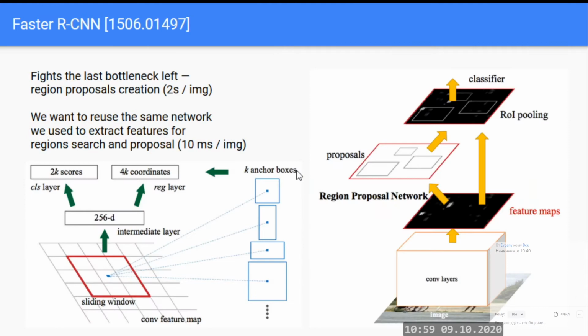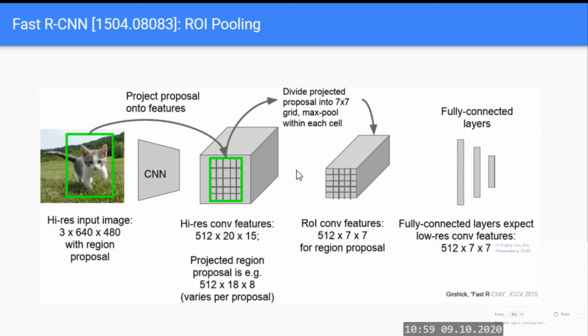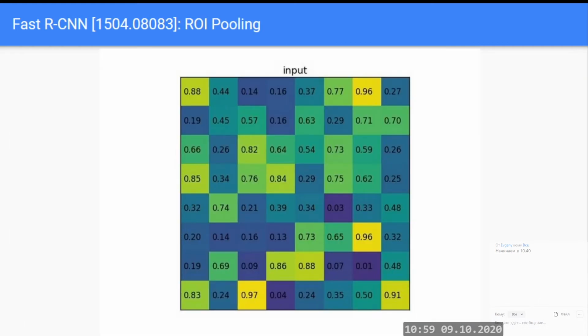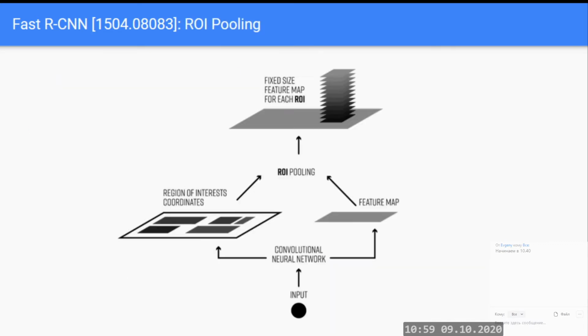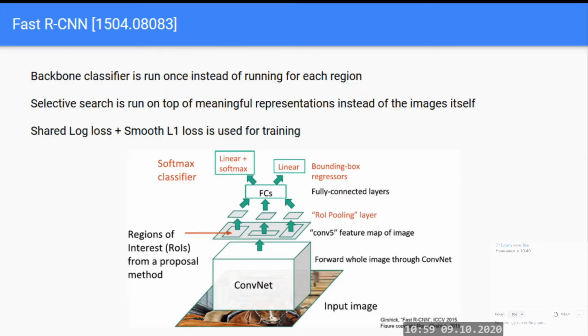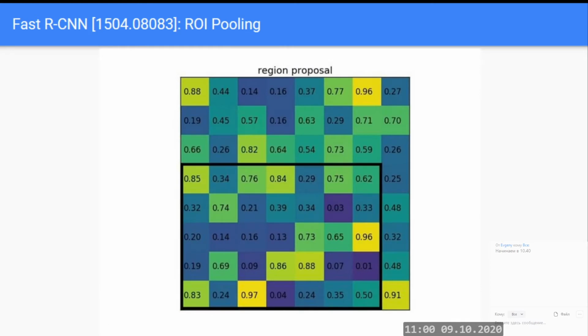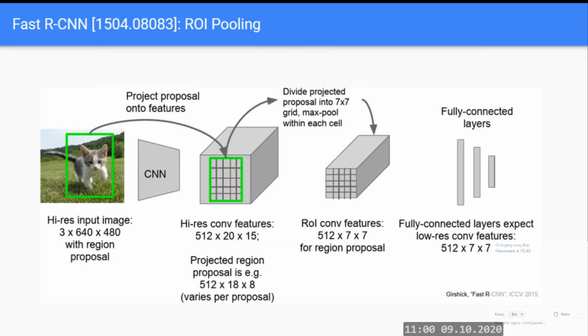Okay, so initially we had some proposals. We had very costly application of convolutional networks in the first R-CNN approach. Then we sped up the feature extraction with Fast R-CNN, so we optimized the feature extraction.